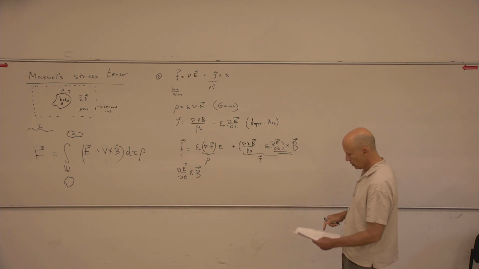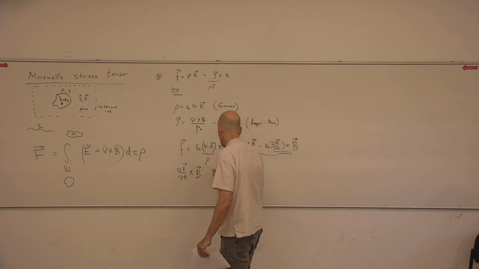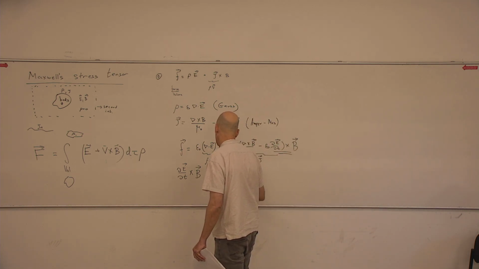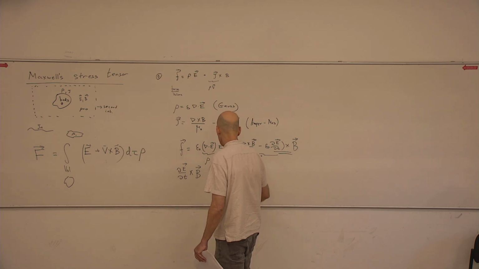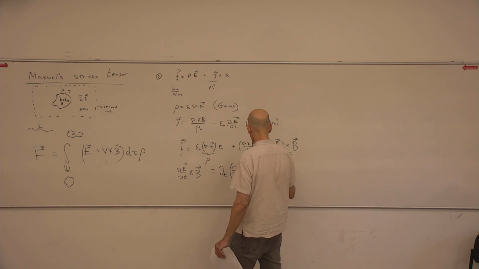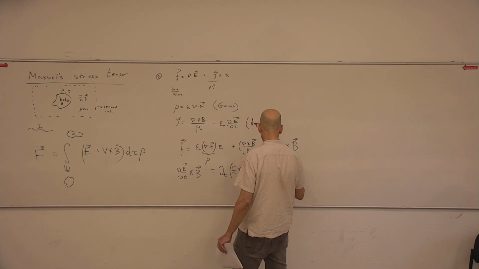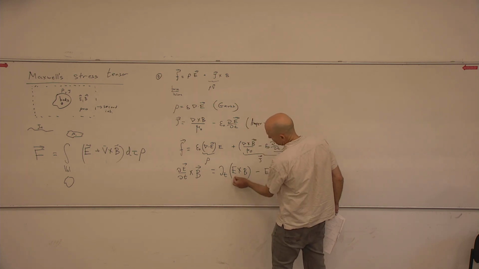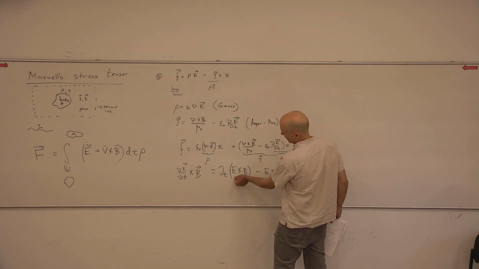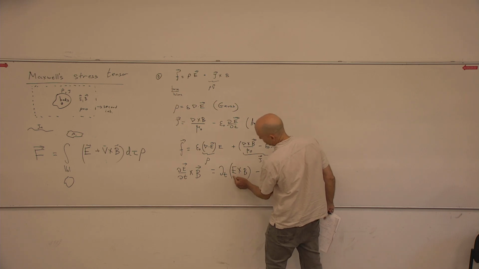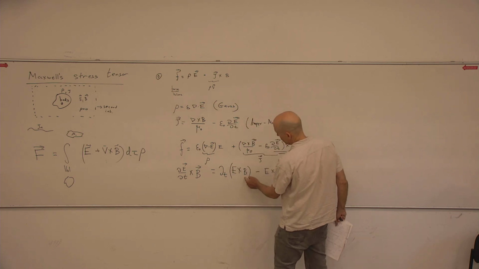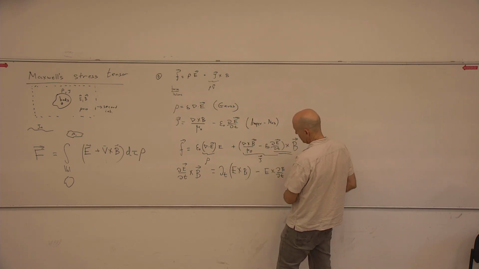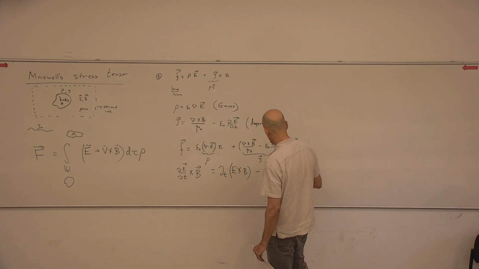Let us write a simple identity: d/dt of E cross B minus E cross dB/dt. So you see the time derivative of this multiplication, it's the chain rule. You take first the derivative of E here, and then the derivative of B. This is this one. I just organized it a little bit.